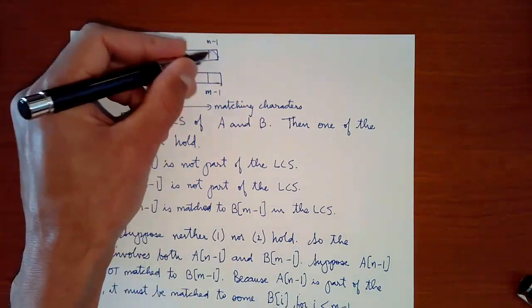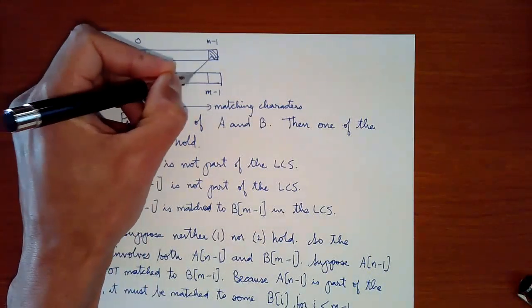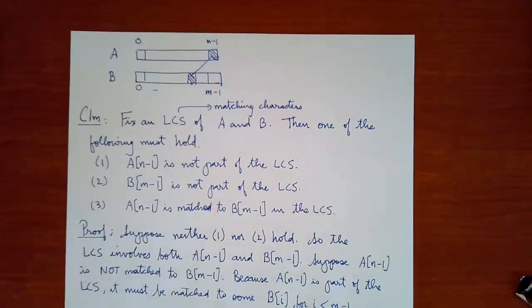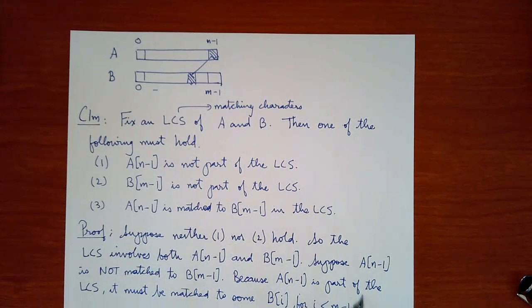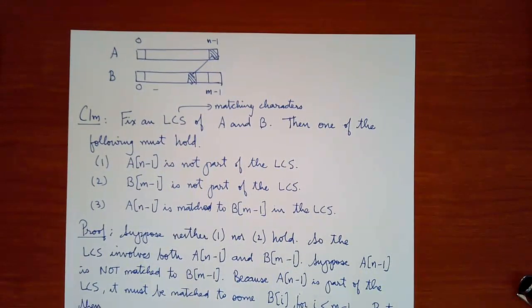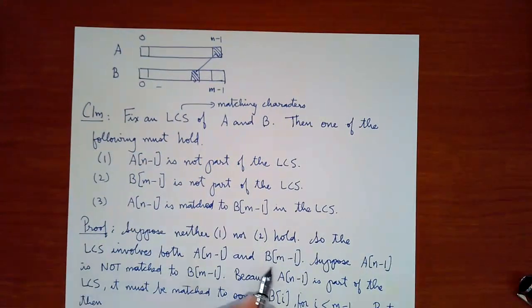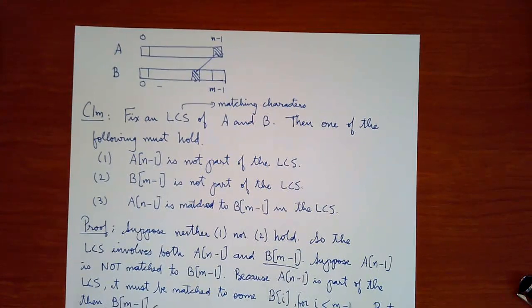So A of n minus 1 must be matched to something here. But now you have a problem. B of m minus 1 cannot be matched to anything because the LCS also involves B of m minus 1. B of m minus 1 cannot be matched.